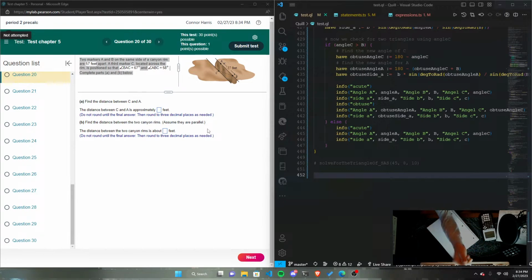So the line straight through. Wouldn't we cut it in half?